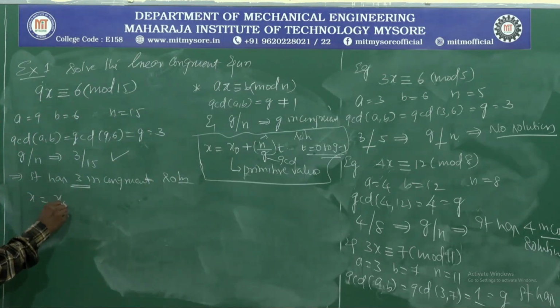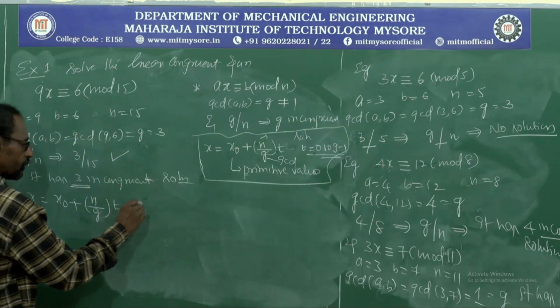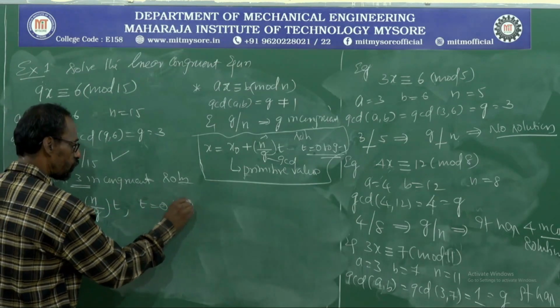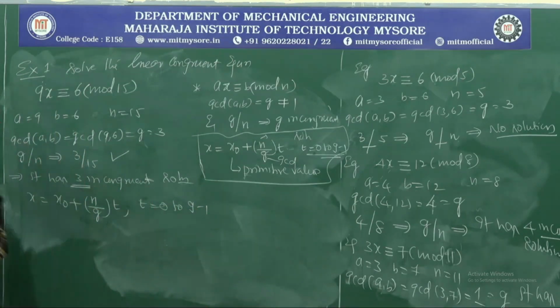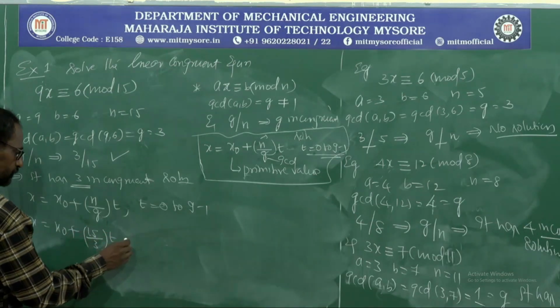I can write x is equal to x naught plus n divided by g times t, where t goes from 0 to g minus 1, where g is the GCD. That is, x is equal to x naught plus 15 divided by 3 times t.